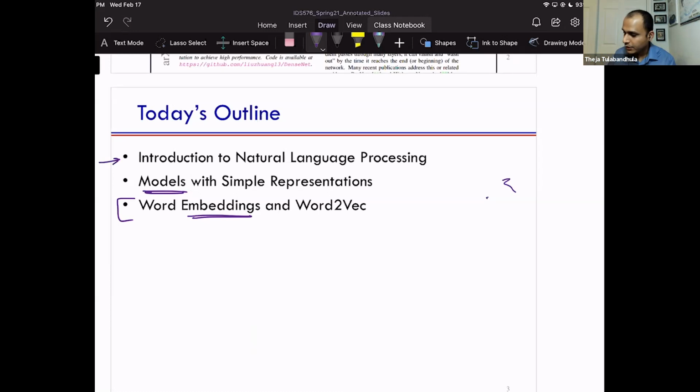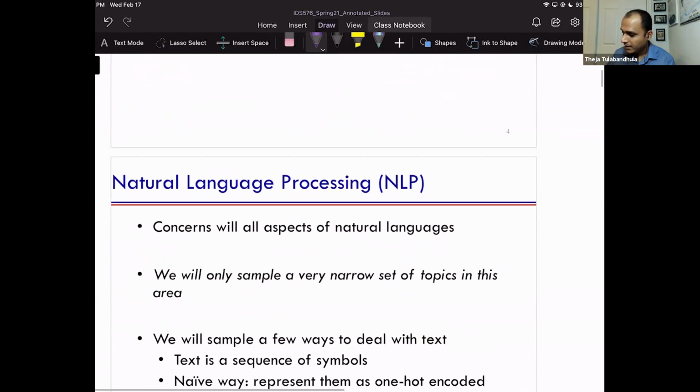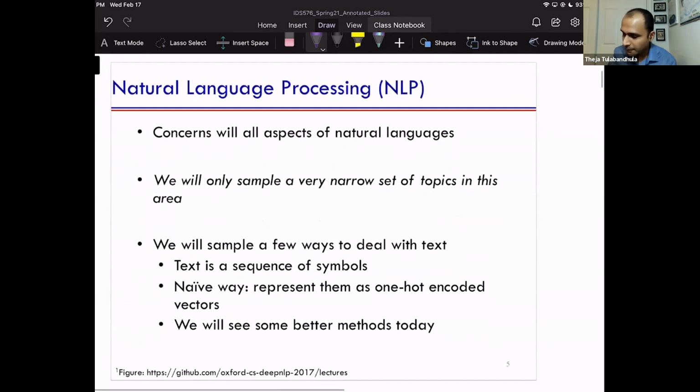So let's start with the intro to NLP. NLP, or natural language processing, is a very broad field within computer science, which looks at all aspects of natural human languages. For example, some parts of NLP look at deciphering ancient text of lost languages.